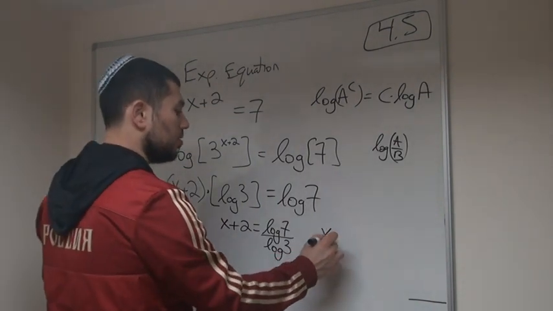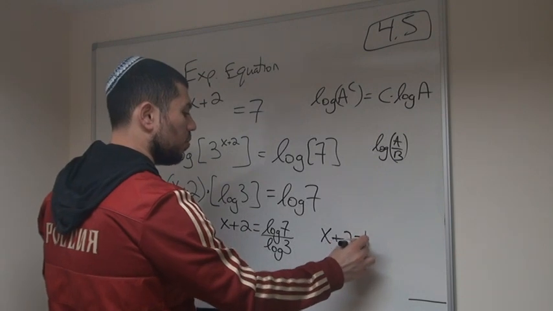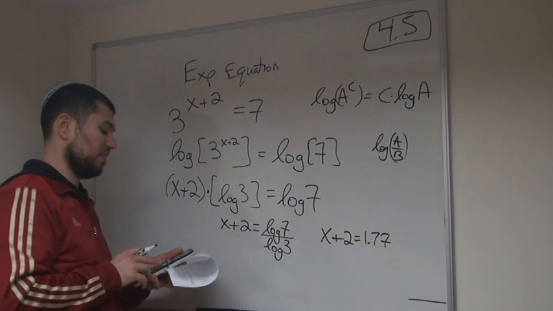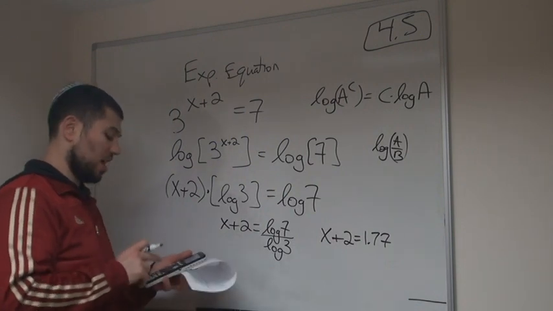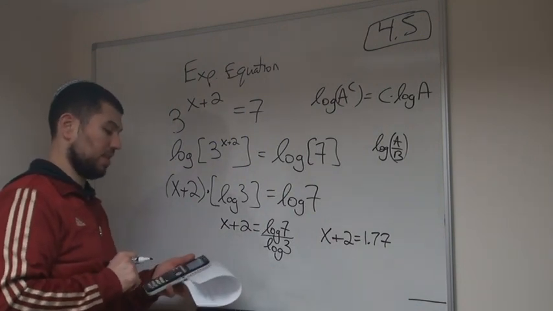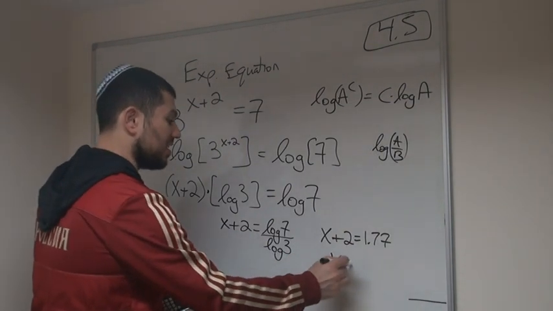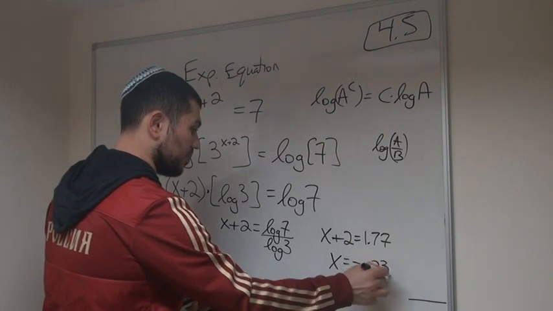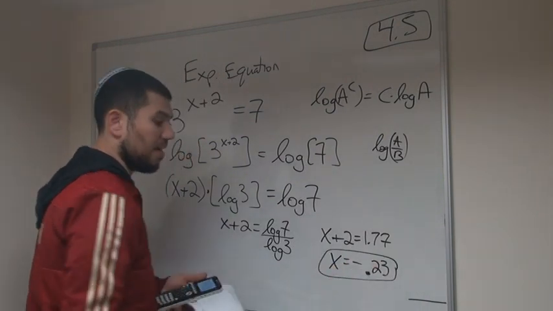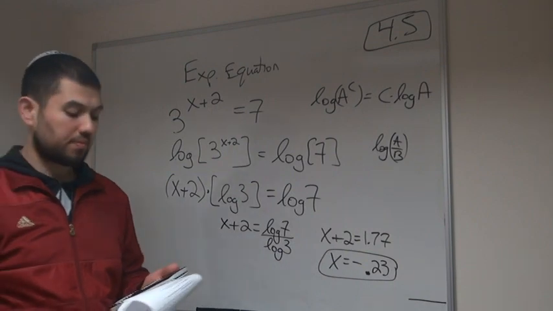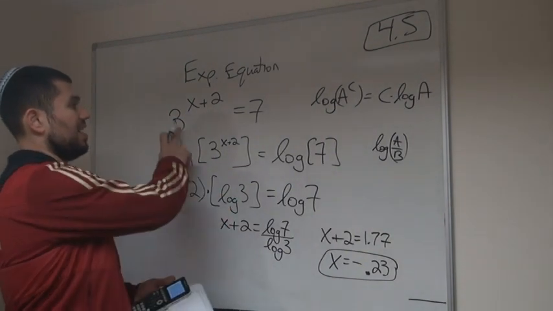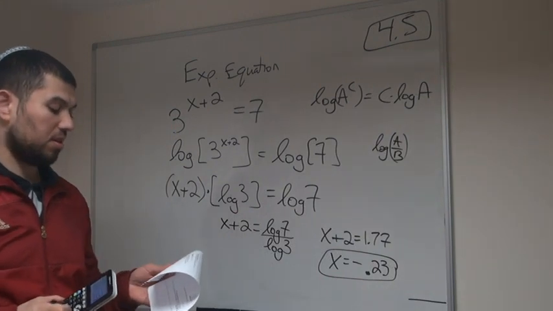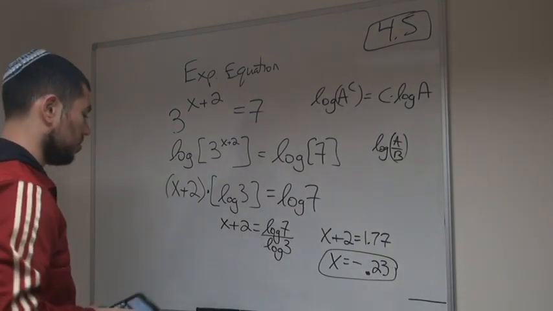So x plus 2 is approximately 1.77124. Subtract 2 from both sides, so just answer minus 2. And I get x is approximately negative 0.23. And that's my answer. So to solve an exponential equation, I used logs, or logarithms. Let's check out number 2.